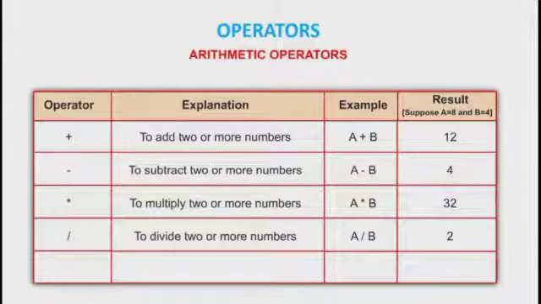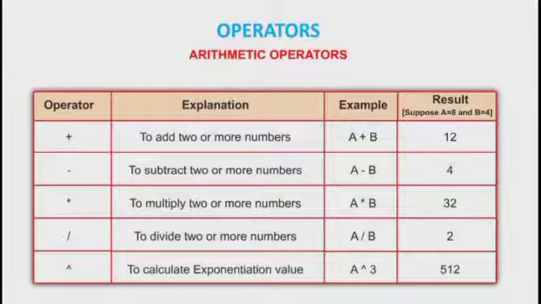So 8 divide 4, the result is 2. Exponentiation: to calculate the exponentiation value, A exponentiation 3 means A raised to the power 3. A is 8, so you multiply 8 three times. The result is 512.